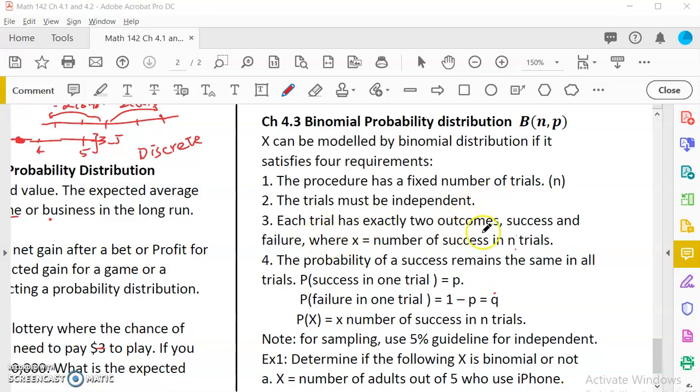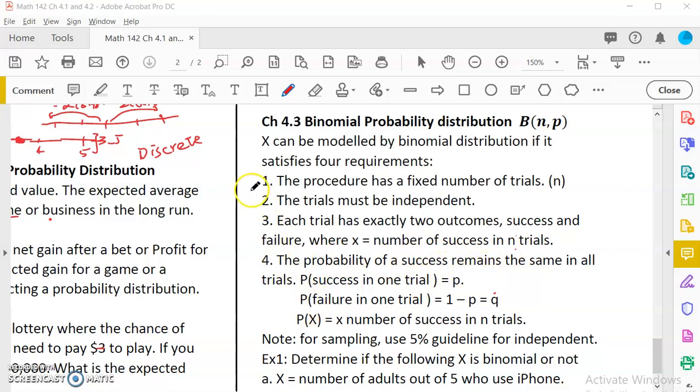Each trial has exactly two outcomes, success and failure. When you complete one trial, you look at whether you got the particular outcome that you're counting, and if it is a success, then you count one more. X is the total number of successes in n trials. And then the probability of success remains the same in all trials.